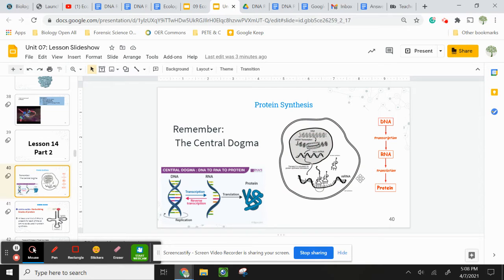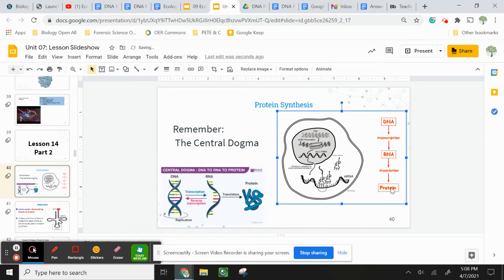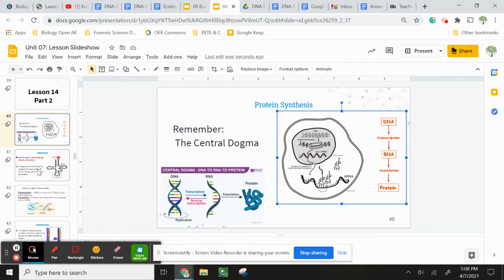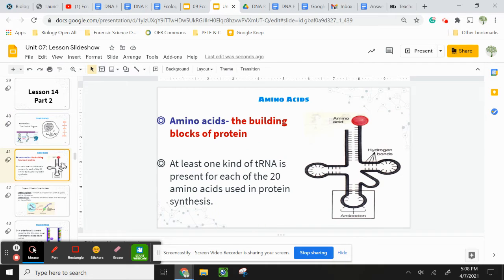But how does that information go from the DNA that you inherited from your parents down to a protein that codes for a trait? And the interesting piece that gets that information from here to there is the RNA, and it happens during the process of protein synthesis, or the making of proteins. Recall from Unit 2 that amino acids are the building blocks of proteins.